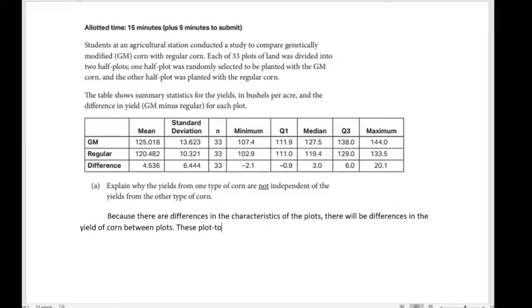These plot-to-plot differences will affect both the GM and the regular corn, causing these to be associated rather than independent.